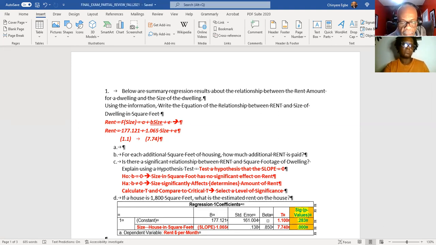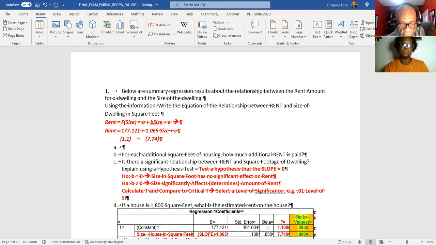Okay, for example, let us say we select a 0.01 level of significance. Okay, and so Z star, the critical Z will be equal to 2.33.